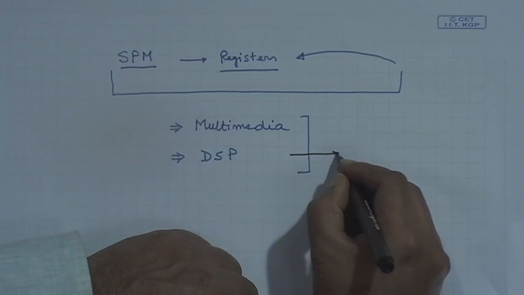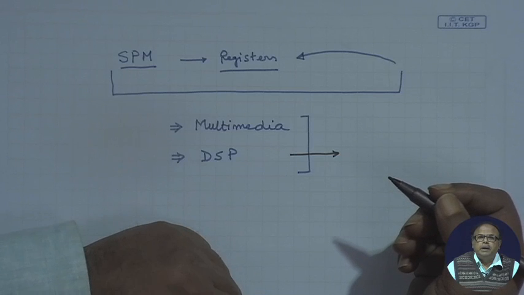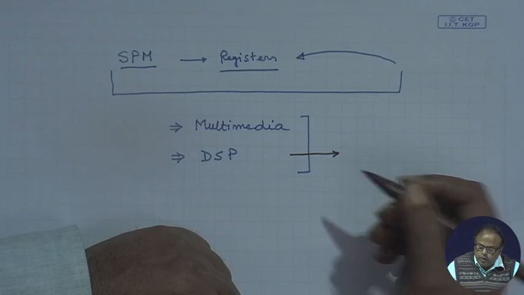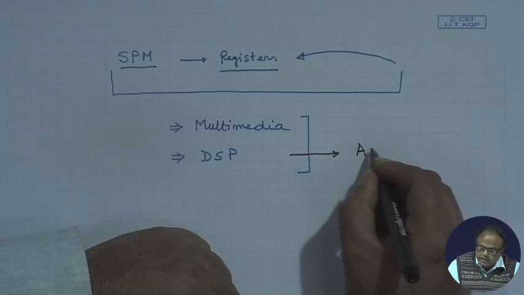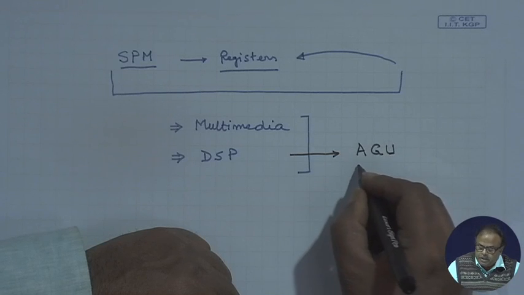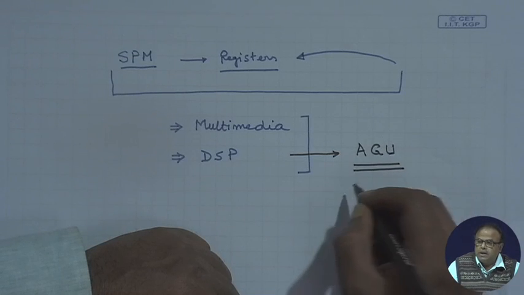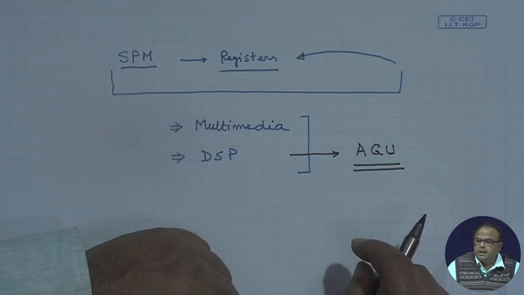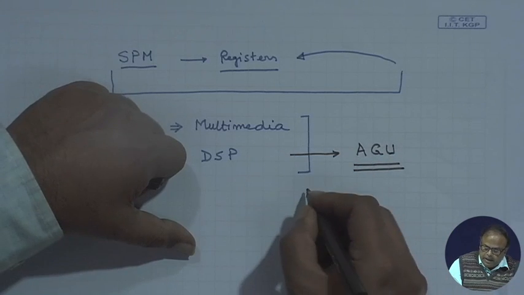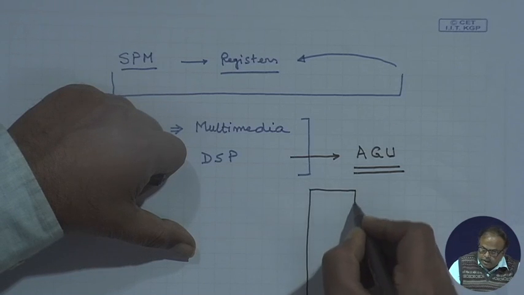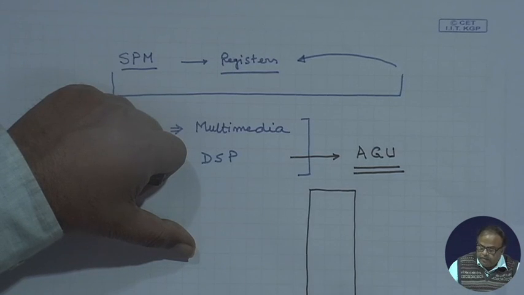If you recall, in a typical digital signal processing architecture, we have an address generation unit, which generates the address for accessing the arrays. Typically in a DSP application, there is a lot of array handling involved.